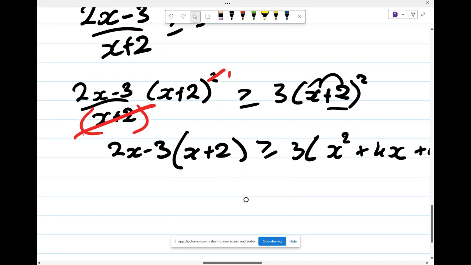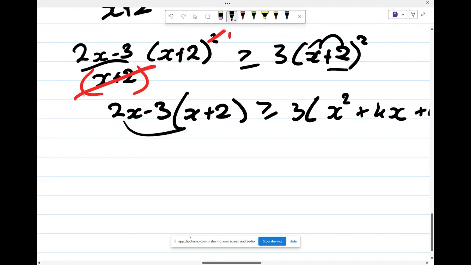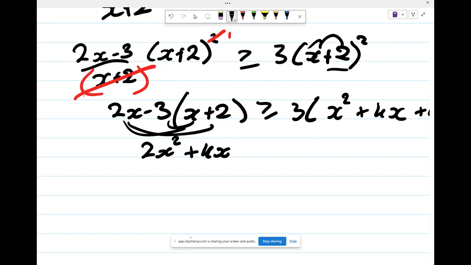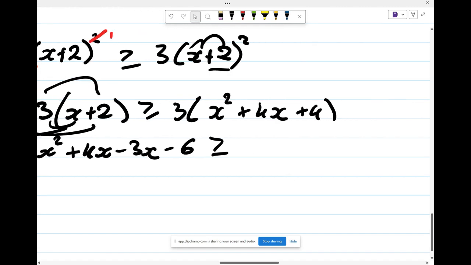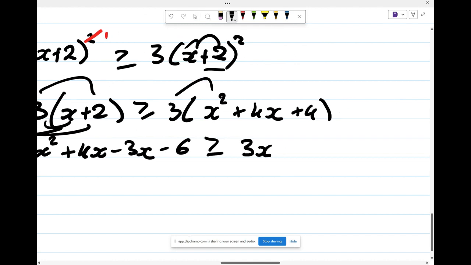Then if we multiply in this here, 2x times x is 2x squared, 2x times 2 is 4x, minus 3 times x is minus 3x, and minus 3 times 2 is minus 6. And all that is greater than, we multiply in this, 3x squared plus 12x plus 12.